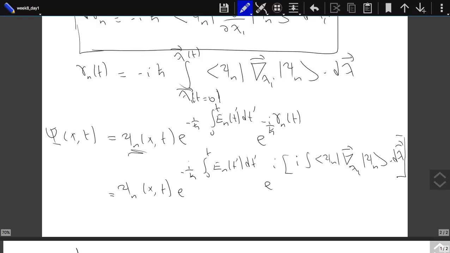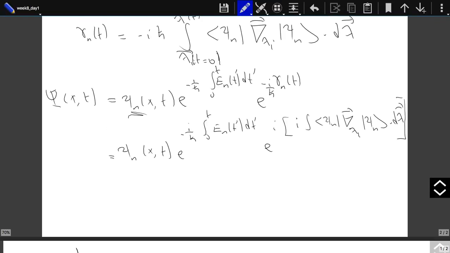We cannot have e to the power a real number, because that would change the normalization, and the time dependence should be unitary. We cannot change the normalization. So we have to show that that matrix element over there, or that integral over there, is actually pure imaginary, so that i times that pure imaginary number is a real number. Now let's look at that one.